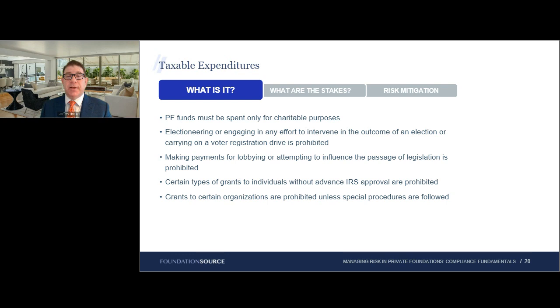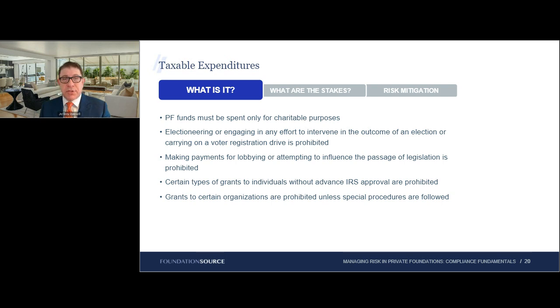These procedures generally entail due diligence, special grant letter terms, and reporting requirements. If a foundation wishes to make a grant to a foreign charity, an NGO, a non-governmental organization, an alternate approach known as making an equivalency determination may be a viable option for the foundation to pursue.